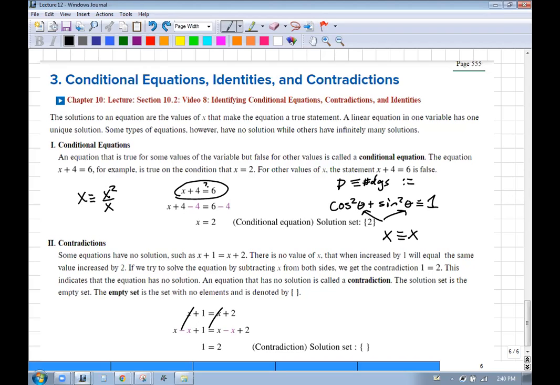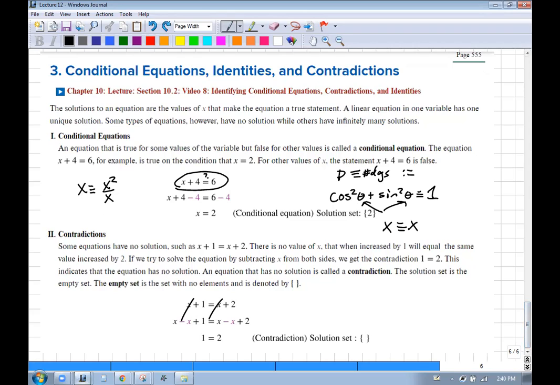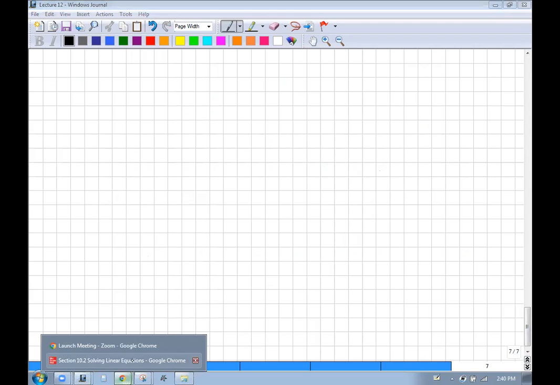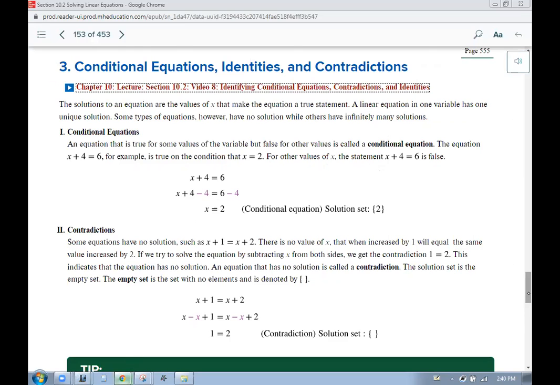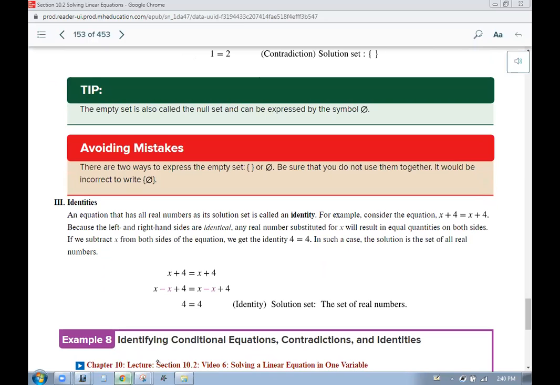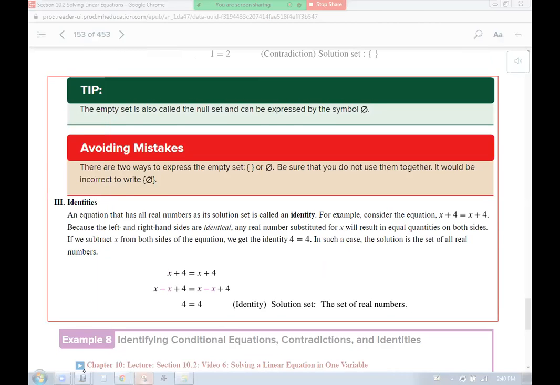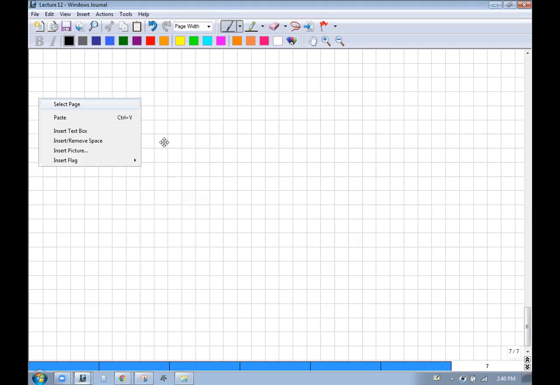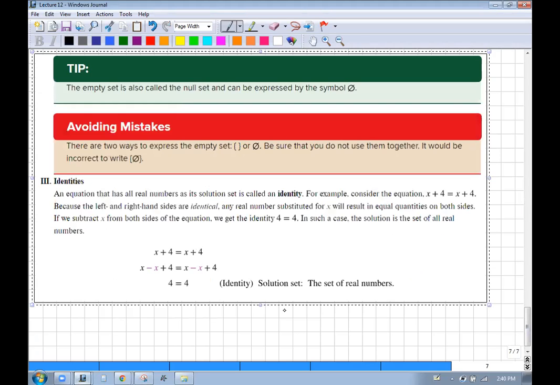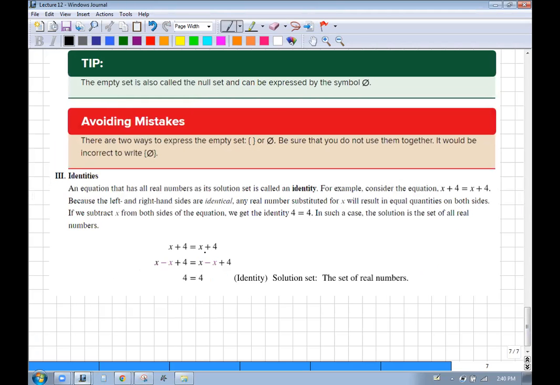So there's different kinds of equality, but we use just the same equal symbol all the time. It's kind of frustrating. Oh, here we go, identities. So x plus 4 is always x plus 4. They're identical. For an identity, the solution set is everything.